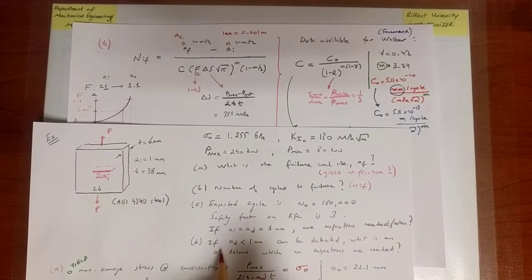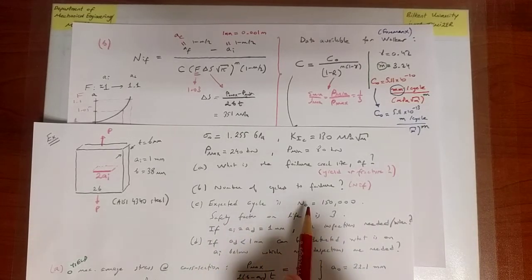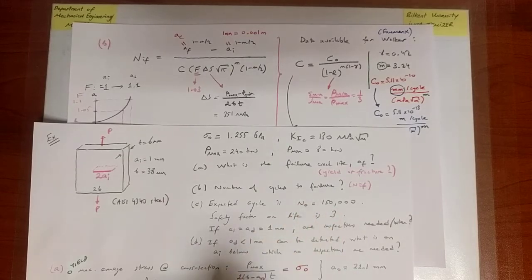The question is, what is the smallest crack, the largest crack I should find, okay? Which should certainly be less than 1 millimeter. What is the largest value I should detect so that I will be sure when it grows, it will reach failure to within my safety factor before I have to do any service with this expected cycle with that safety factor?